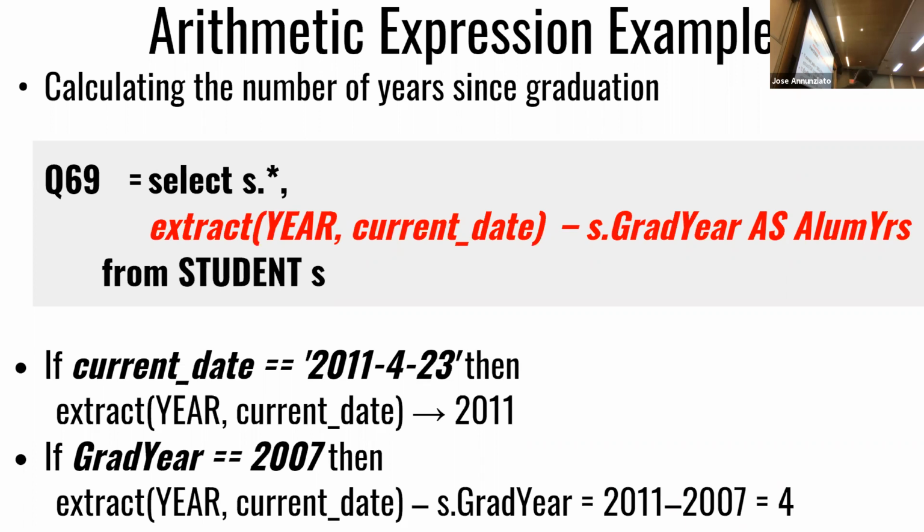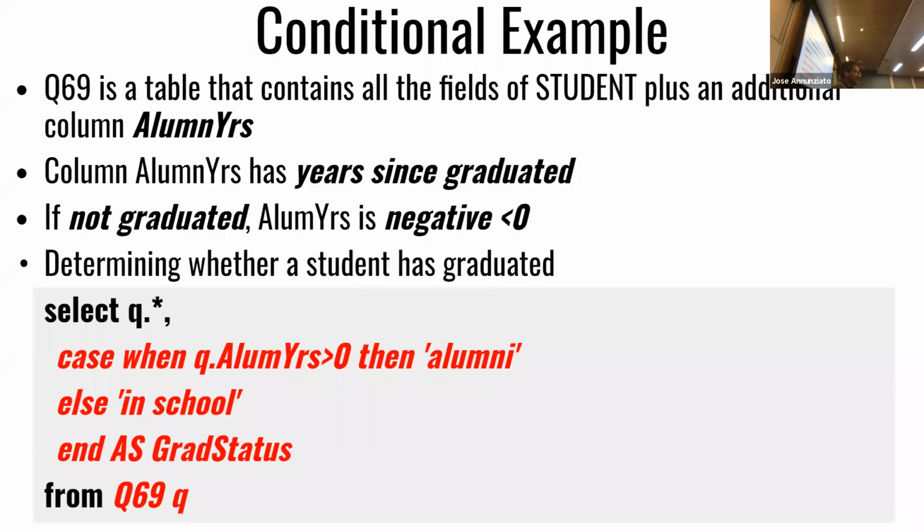Okay. So that output, Q69, we can use as an input into another query, which we don't know how to do yet. But this is basically a view. We'll see later on that this is basically just a view.